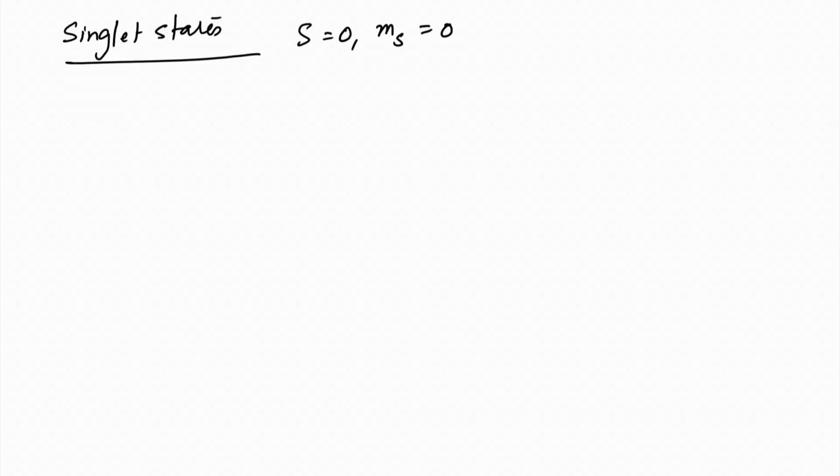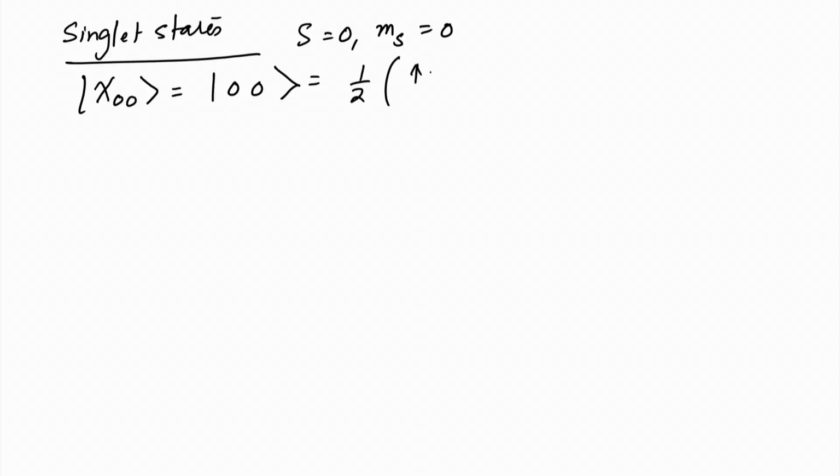Let us just call it chi 0 0, or we can also use a notation like |0 0>, which is equal to 1 over root 2 times up down minus down up. So, why is it a singlet state?